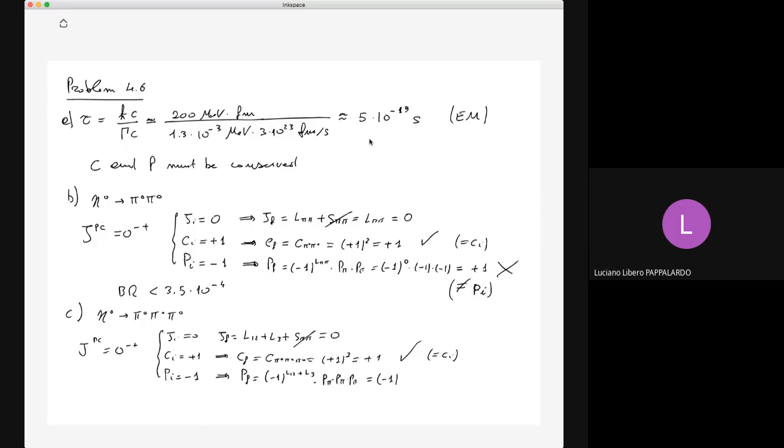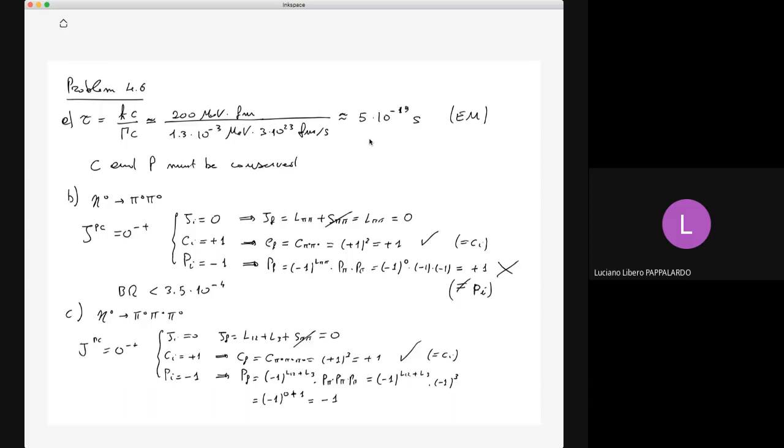That is -1 to the L12 plus L3 times -1 to the cube. That is -1 to the 0 plus 1, that is -1.